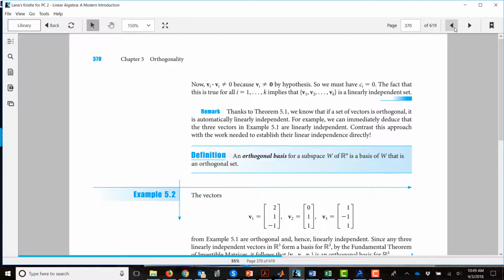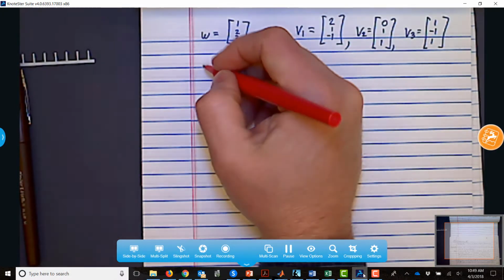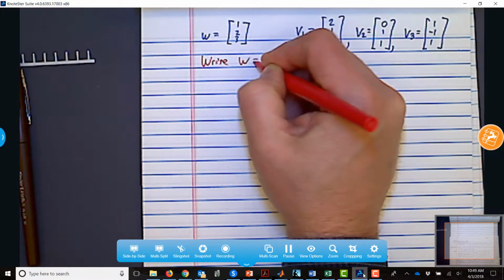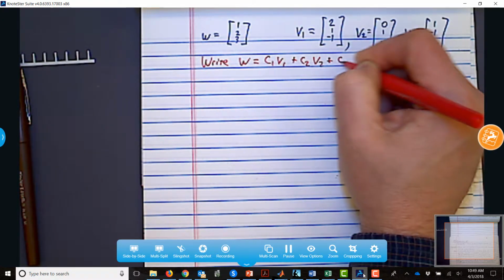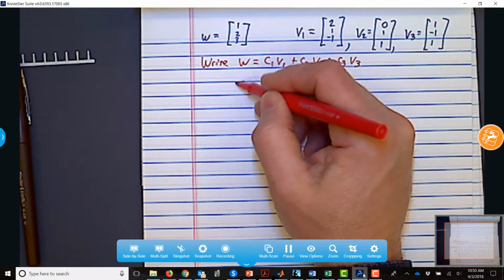Okay, now guys, look, on the paper that I wrote. If I told you guys, I want you to write w as C1 v1 plus C2 v2 plus C3 v3. Could you do it? Could you do it before you ever got to this chapter? How? Stephen was nodding. What were you thinking? Or you could just make a matrix. Yeah, we've done this before, right?